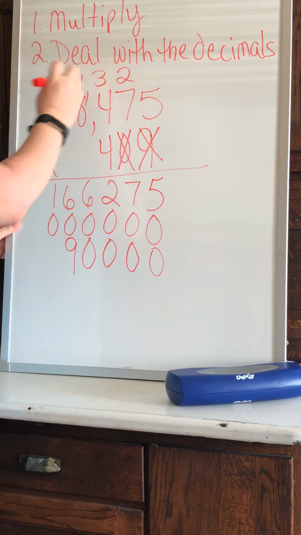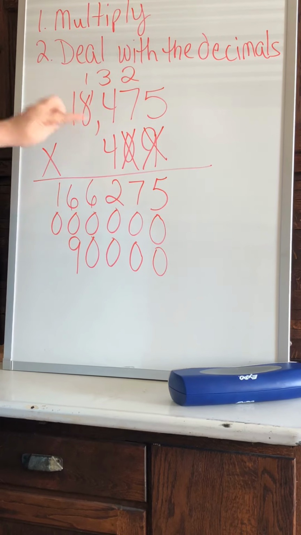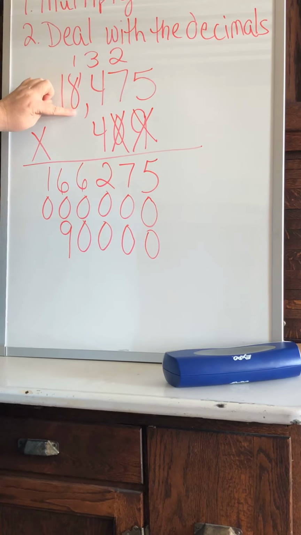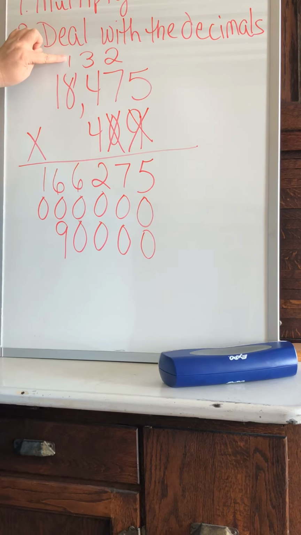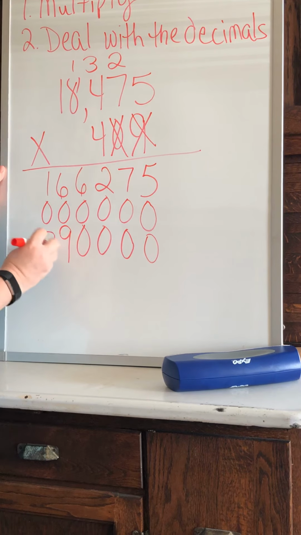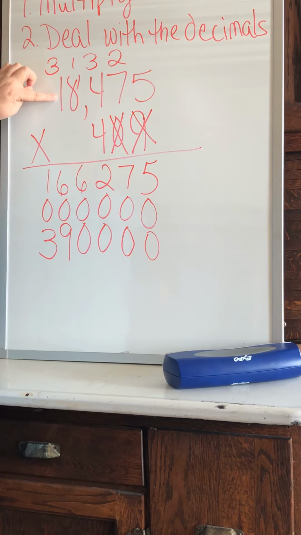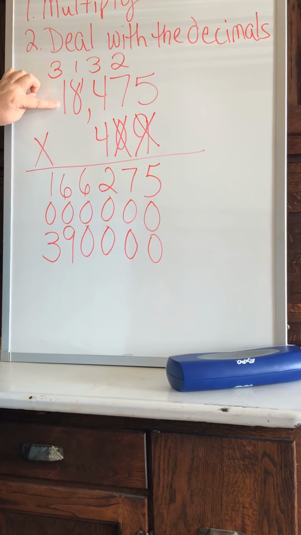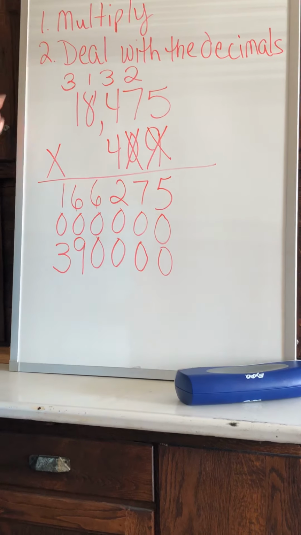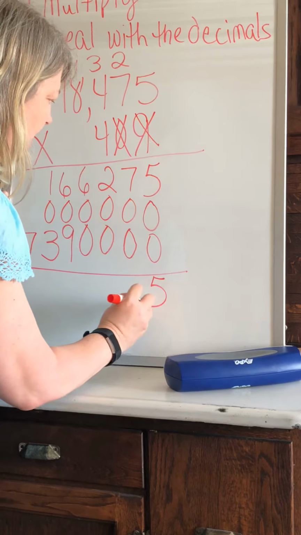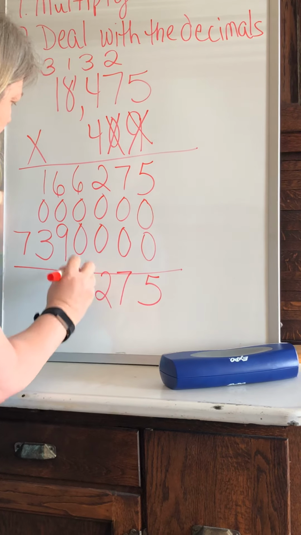Carry that 1. We're almost there. 4 times 8 is 32. 32 plus 1 is 33. Carry that 3. 4 times 1 is 4. 4 plus 3 is 7. We're almost done. Add it all together.